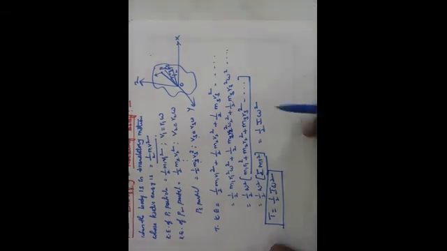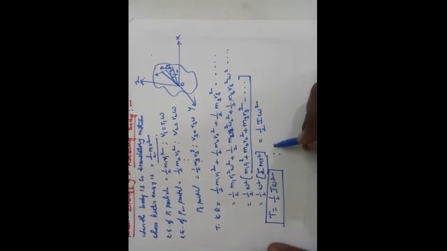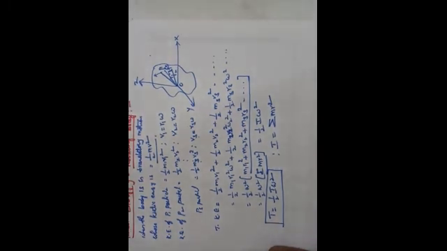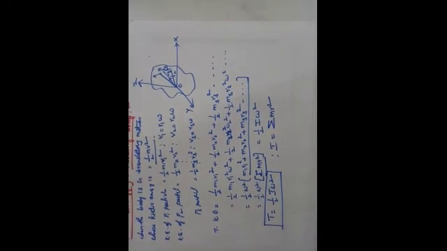Where I is nothing but the moment of inertia. I is equal to the summation of m r square, the moment of inertia of the body about the axis of rotation.